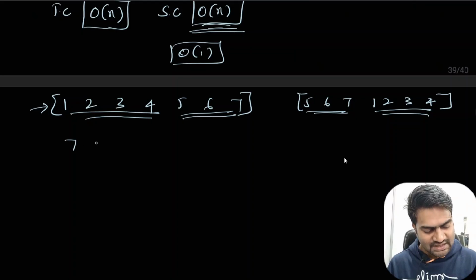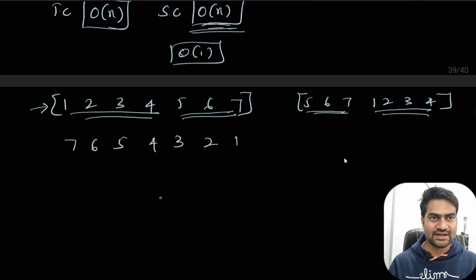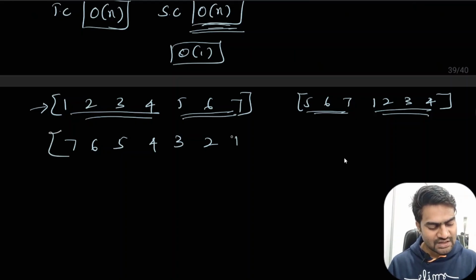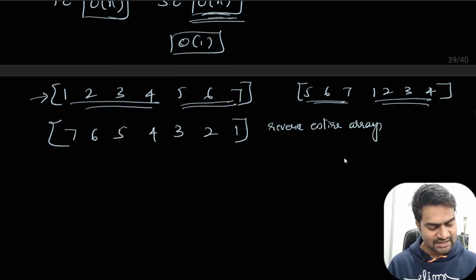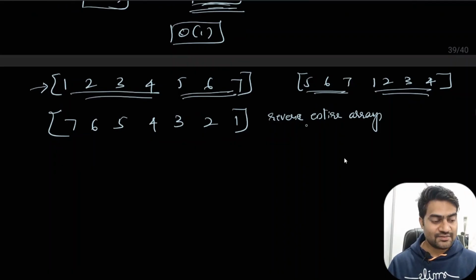It will be 7, 6, 5, 4, 3, 2, 1. I have reversed my entire array. We can do this in place. I will explain how to do that in place later. But for now, you see, we are reversing this entire array.